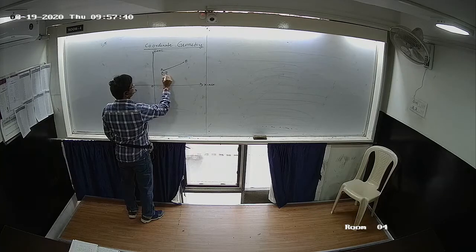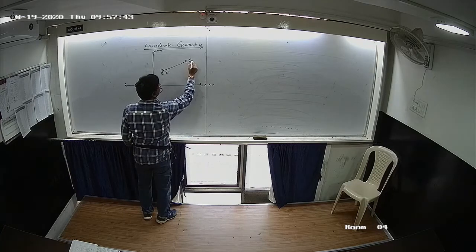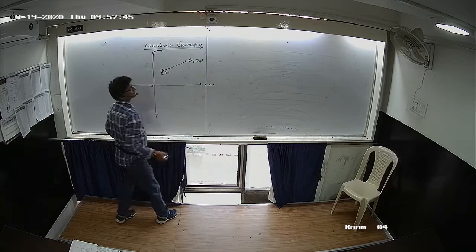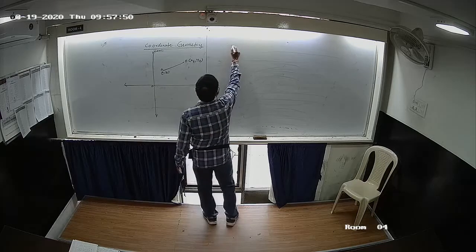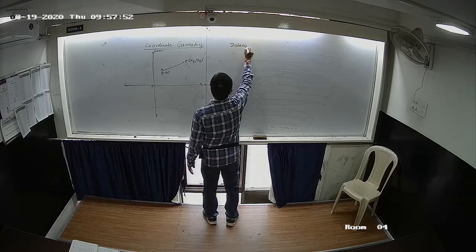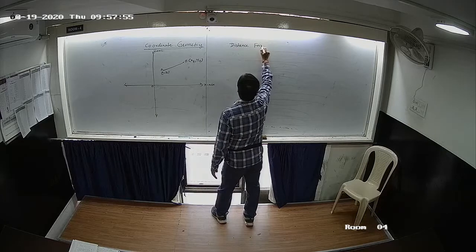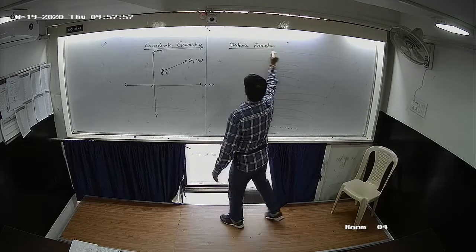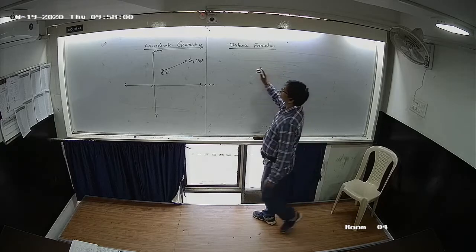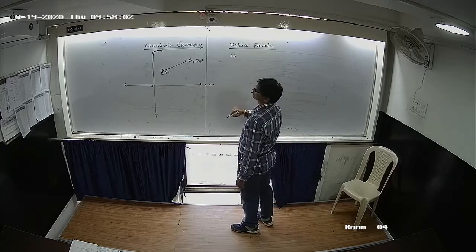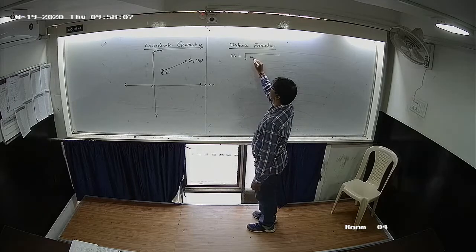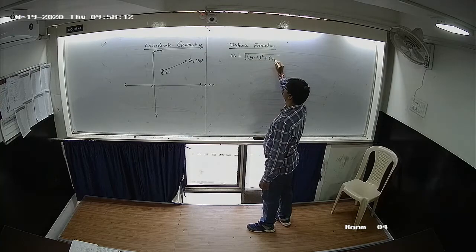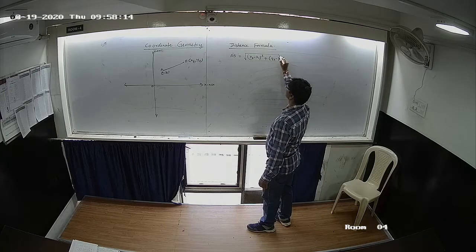Further, if the coordinates of A are (x1, y1) and the coordinates of B are (x2, y2), then what is the distance between them? The distance formula, you know, AB will be equal to the square root of (x2 minus x1) whole square plus (y2 minus y1) whole square.